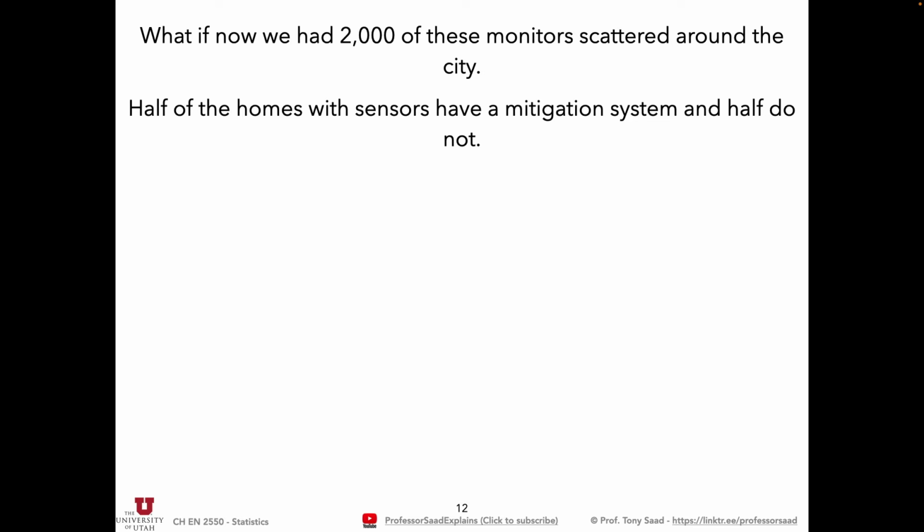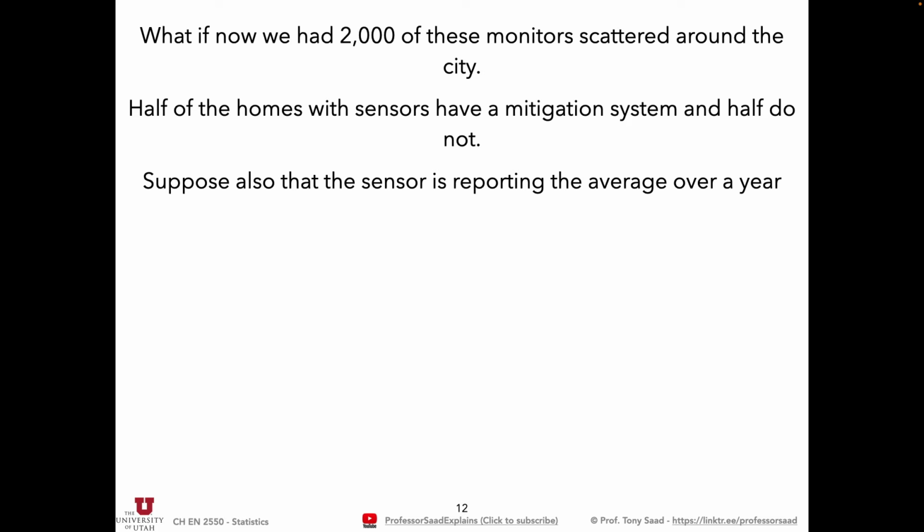Okay, and then what if then I monitor the sensor reports an average over the entire year? So I got 1,000 averages for the entire year without mitigation, and 1,000 averages with mitigation. Then those samples are independent. Because I didn't use the same home, and I didn't lock in the weather. I averaged it over the entire year. Okay? So that would be a case of the radon system with independent samples.